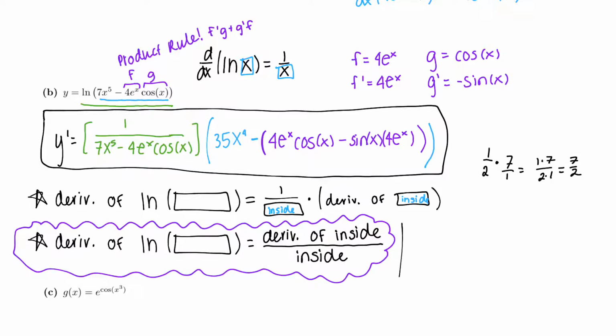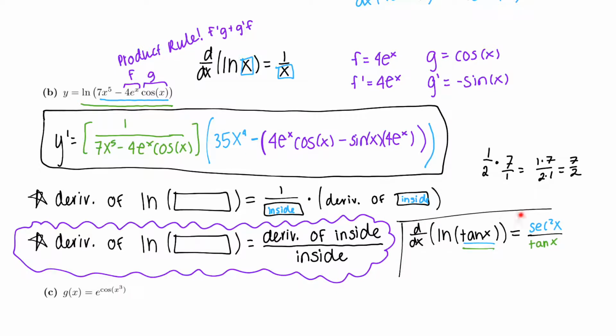So, for example, if you're doing the derivative of ln of, let's say, no, let's not do e to the x. Let's do tangent x. The derivative of tangent x is secant squared x over the inside, just tangent x, right?